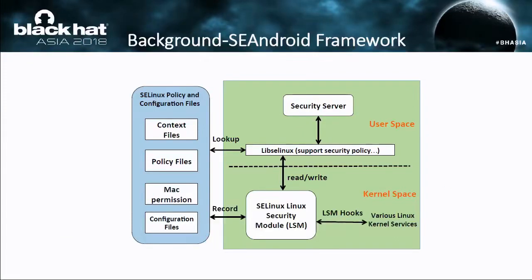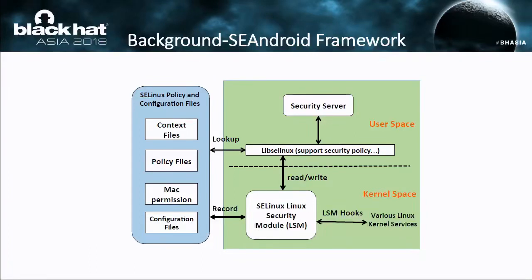Now I will introduce a simple framework of SEAndroid. The SELinux LSM module located in the kernel space is responsible for resource access control, and it is supported by the security server located in the user space, and also the context information and the policy information located in the user space. The context information describes details such as the subject domain or the object types, and the policies define the strategies for resource access control.